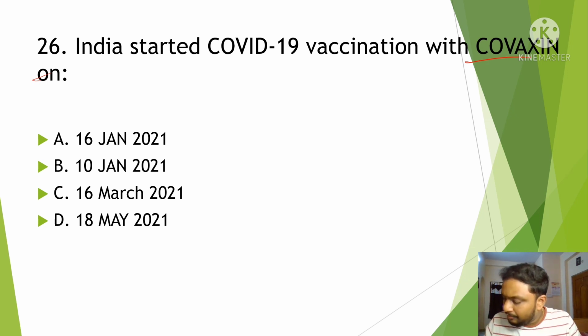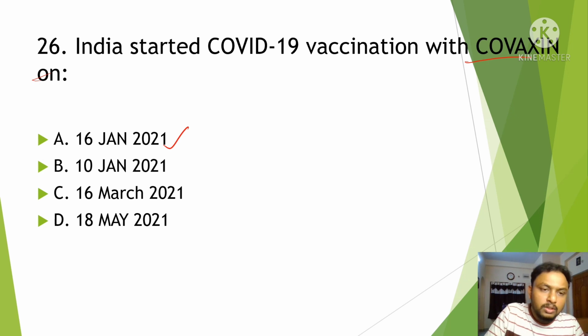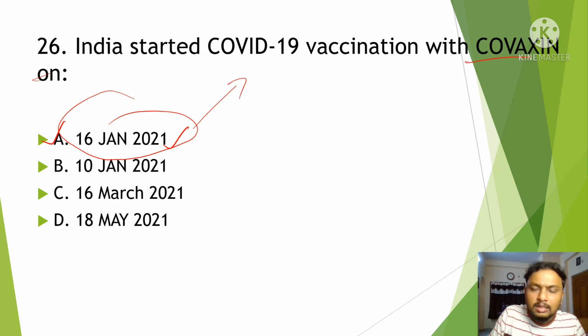Type fast. So 16th Jan 2021. You need to remember this. On 16th Jan 2021 the first COVID-19 vaccine was started in India.